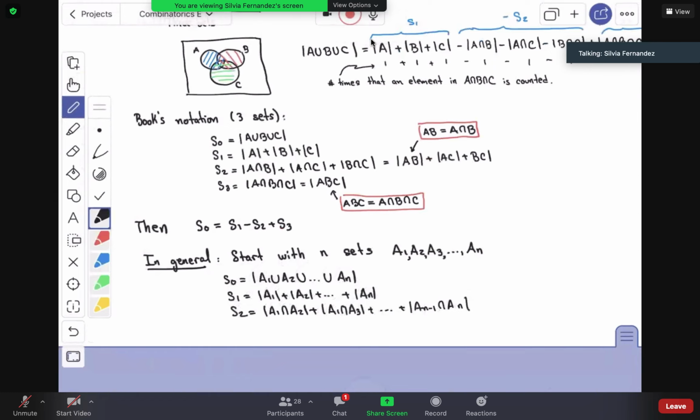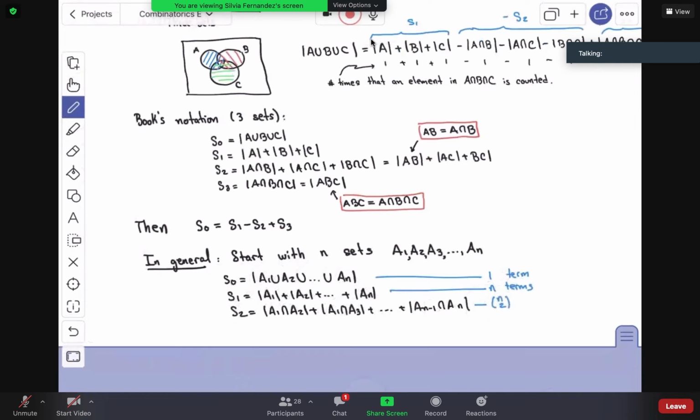So here I have one term. Here I have n terms, and here I have n choose two terms, all the pairs. And then I just continue like that.